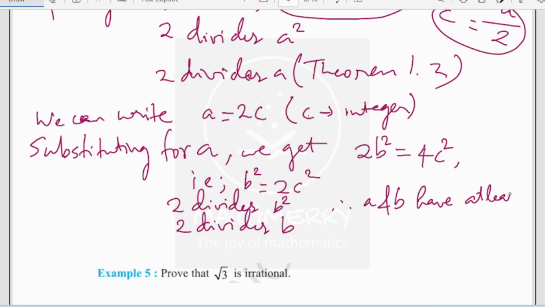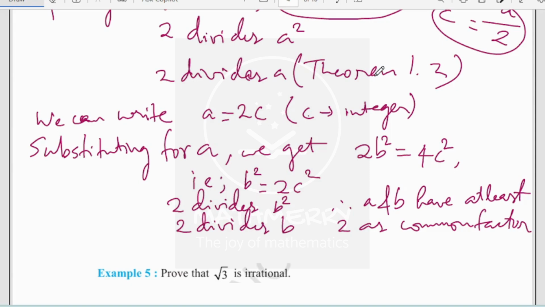At least 2 as a common factor. But this is a contradiction to what we already considered, A and B to be coprime, but what we are getting is they have common factors. So this contradicts the fact that A and B have no common factors other than 1. So our assumption that root 2 is rational is wrong.